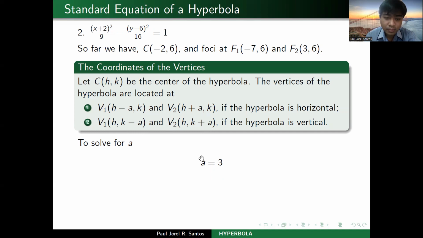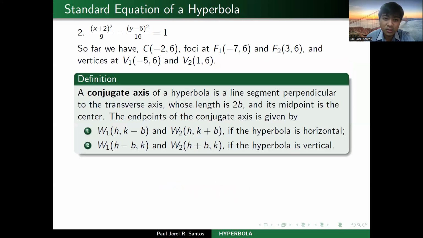For v sub 1, we have h as negative 2 minus 3 as the value of a, and 6. For v sub 2, we have negative 2 as the value of h plus a, which is 3, and then k as 6. Simplifying, it will give us (-5, 6) and (1, 6). There you go, we have now v sub 1 and v sub 2.